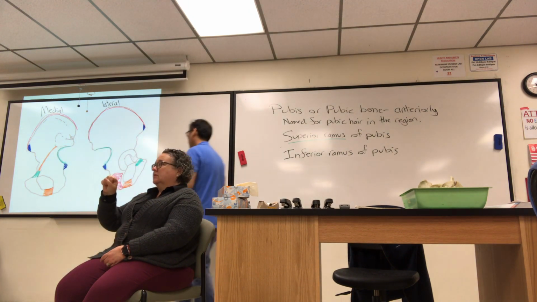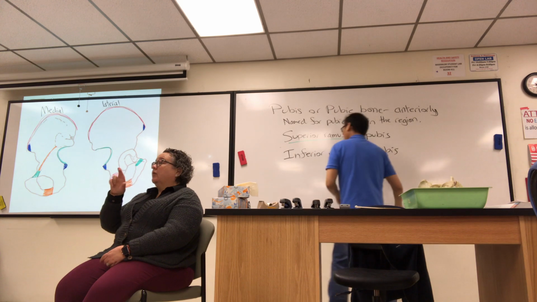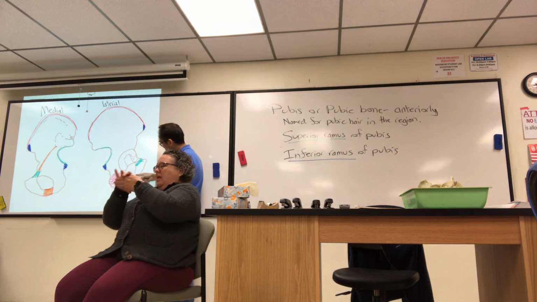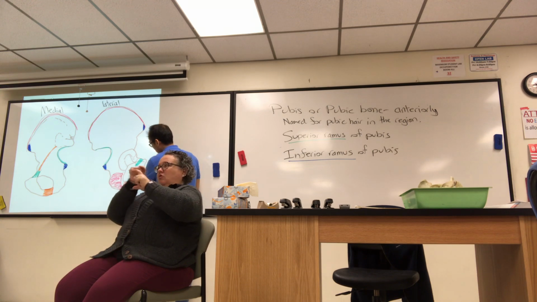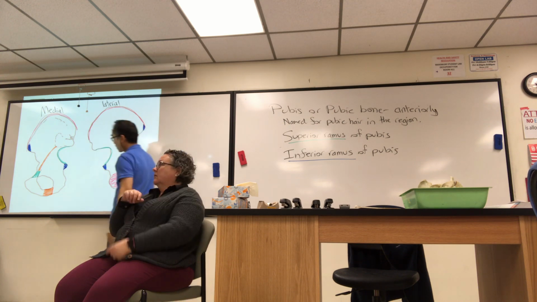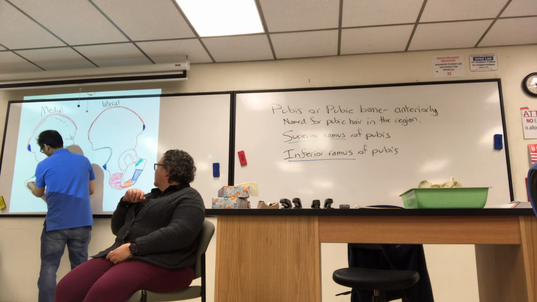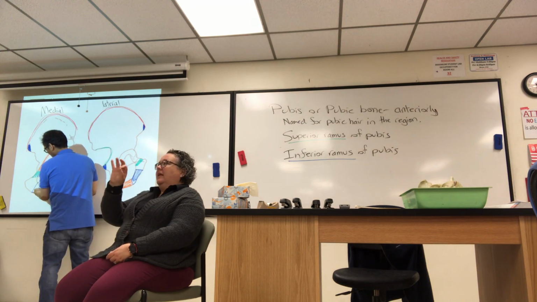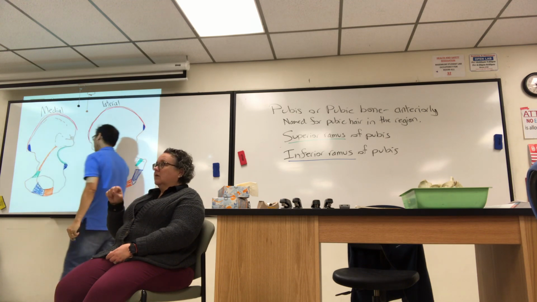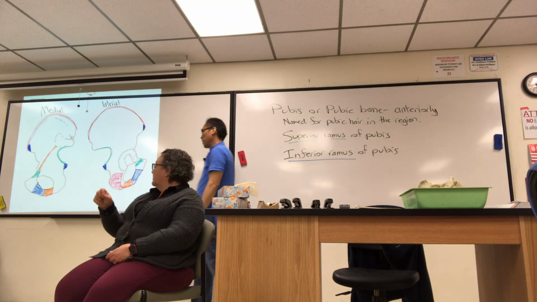If I want the inferior ramus of pubis, I will take maybe this part here, and maybe from here to here. So the inferior ramus of pubis runs up to the ischial ramus.